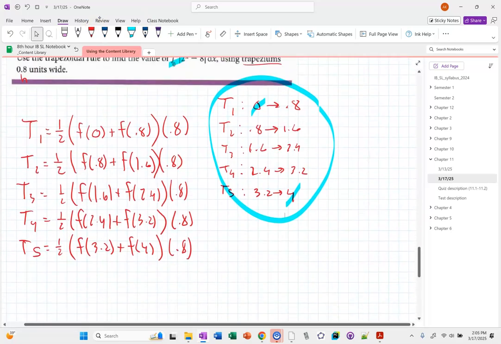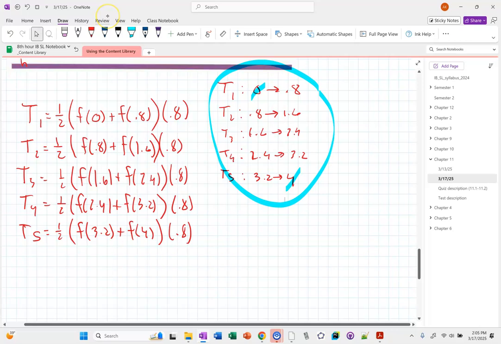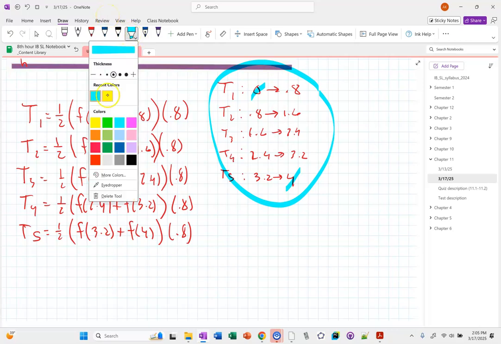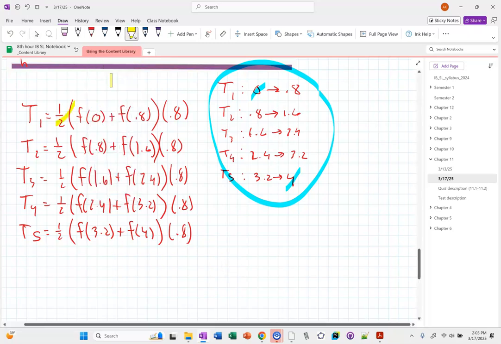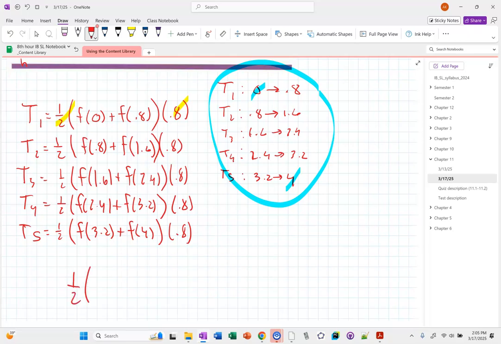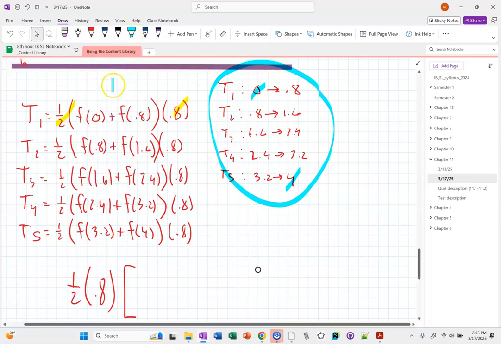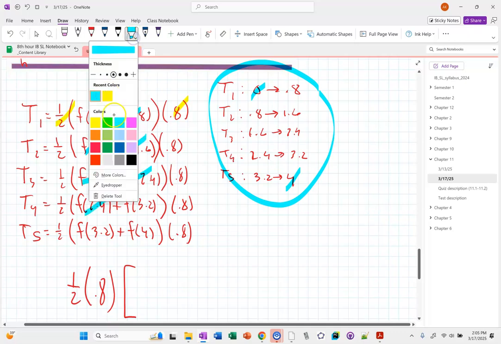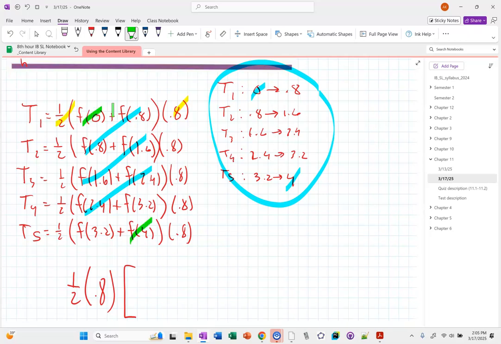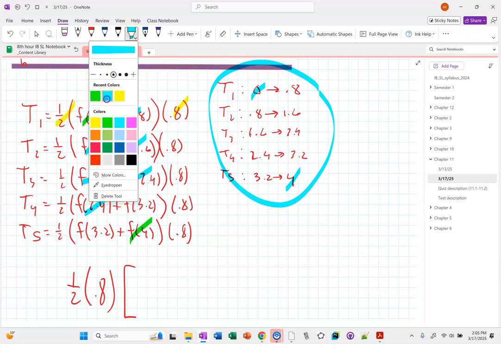Feel good? So to get this into my calculator now, again, I'm going to observe that each one of these has this 1/2 times 0.8. So I'm going to just pull that out front. Everybody's good? And then inside, I'm going to have 2 of each of these, and then just 1 of this one and 1 of this one, right?